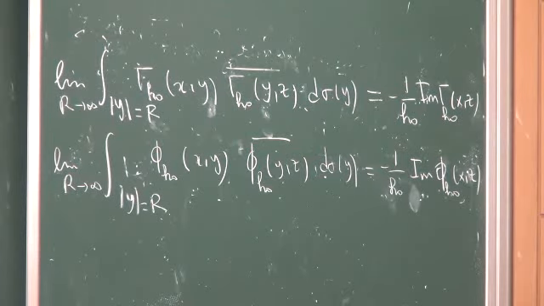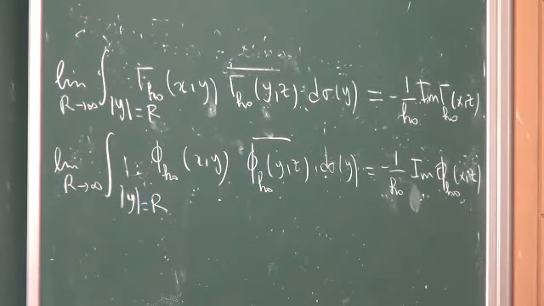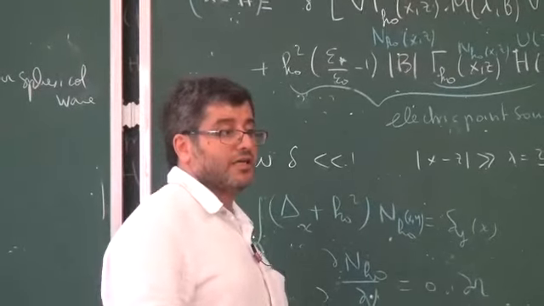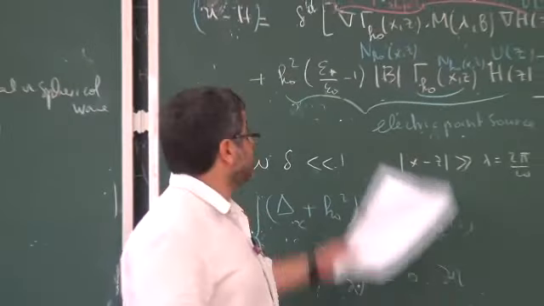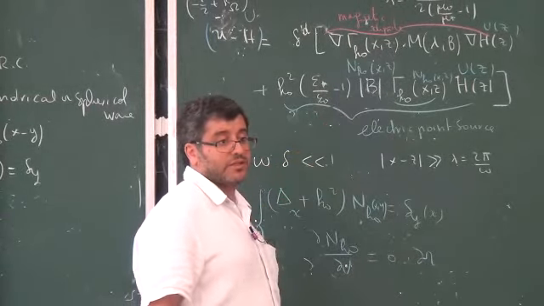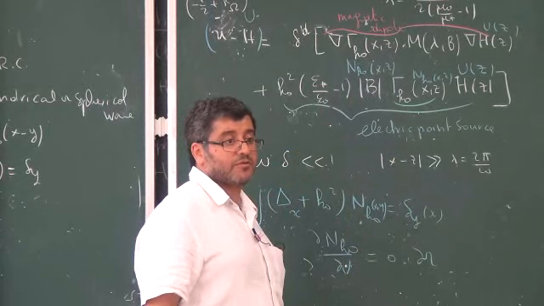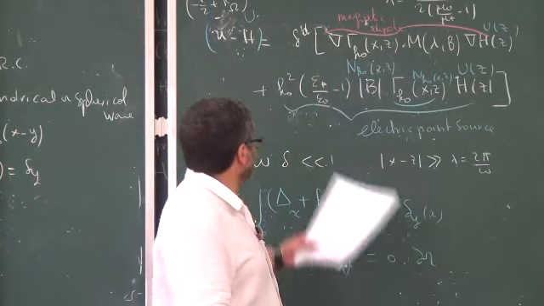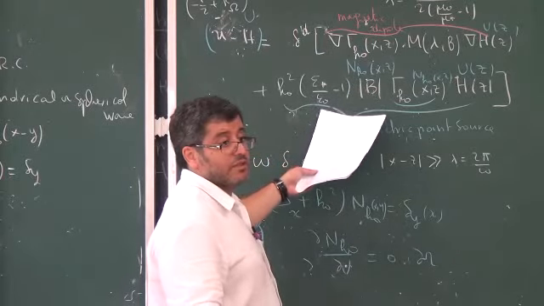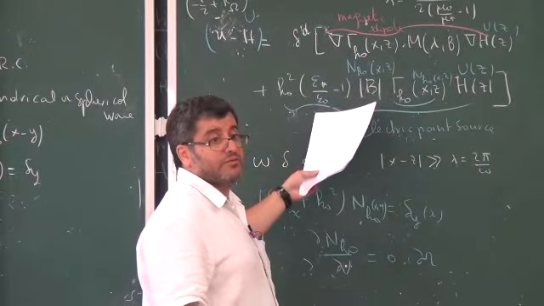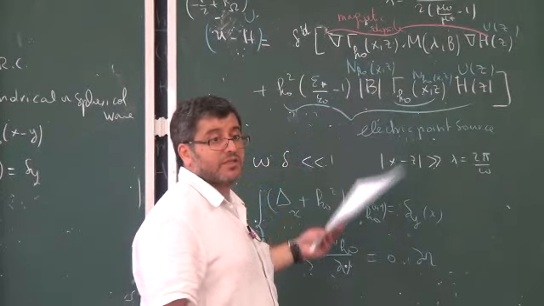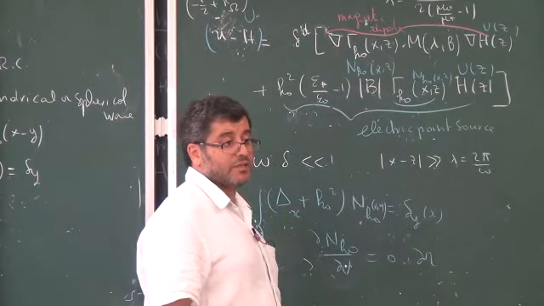You can think about how we related yesterday the retarded fundamental solution to the wave equation to the fundamental solution to the Helmholtz equation. One is the Fourier transform of the other. You may think that taking the Fourier transform of this asymptotic will give you the asymptotic in the time dependent domain.